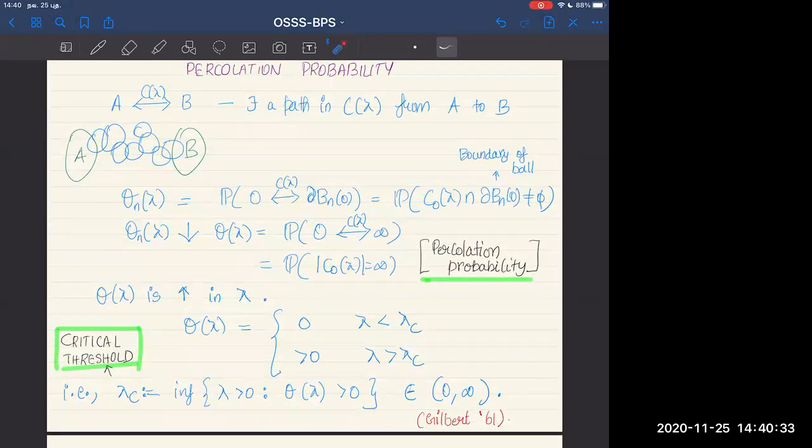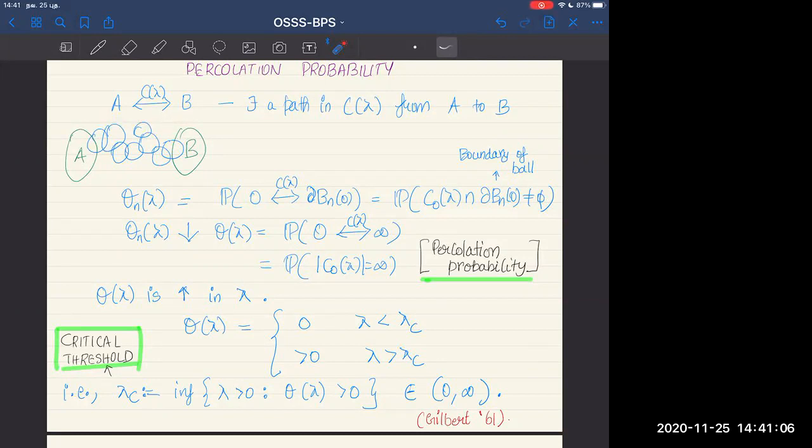Of course, every question will be defined on a compact set, and then we will let the compact set grow. For example, the main event, more generally, is A connected to B in C lambda. That is, is there a path from a set A to B consisting of points in C lambda? Can I go from A to B via C lambda, the occupied region? We will see specific A's and B's of importance.